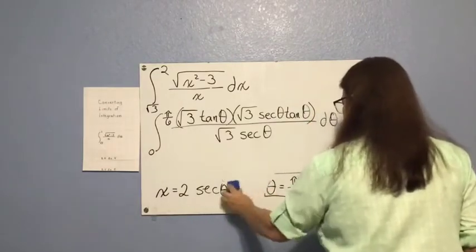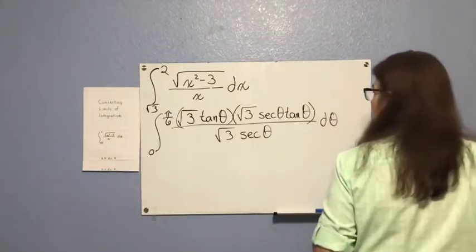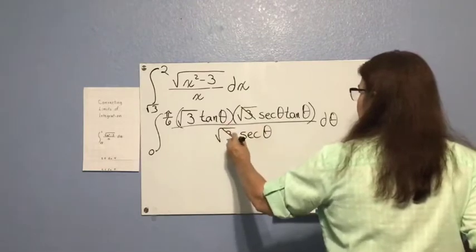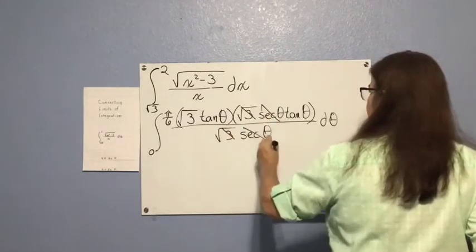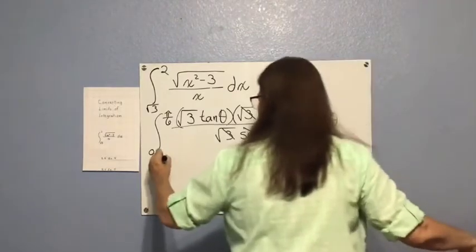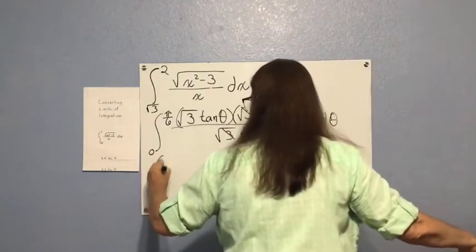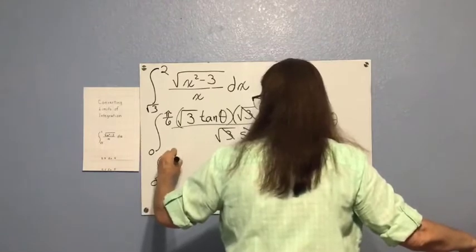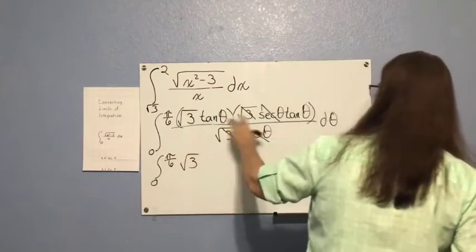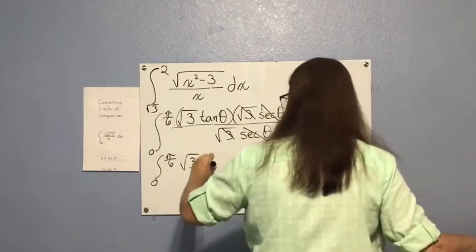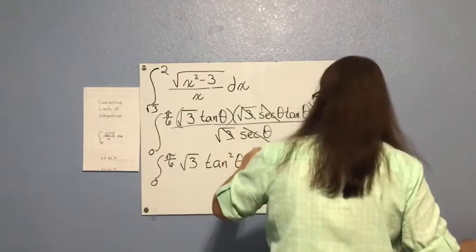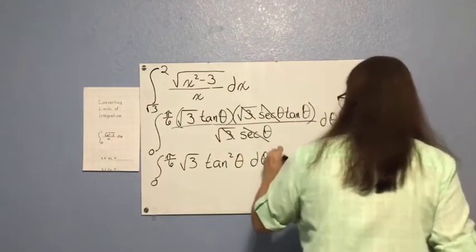Okay, don't need these anymore. What can I get rid of? Square root of 3, square root of 3, secant theta. So all that's left now is square root of 3. I have a tangent here and another one here. So tangent squared theta d theta.